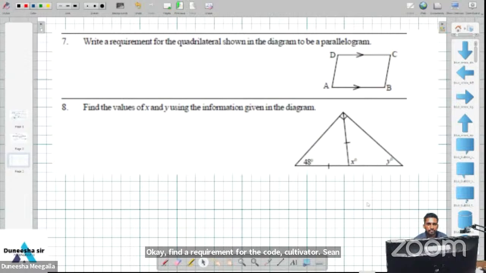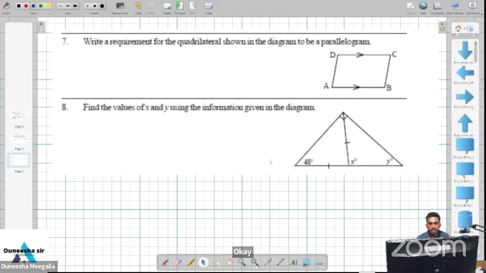What are the properties of a parallelogram?